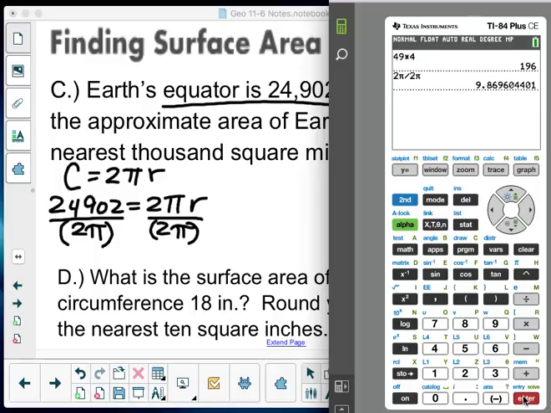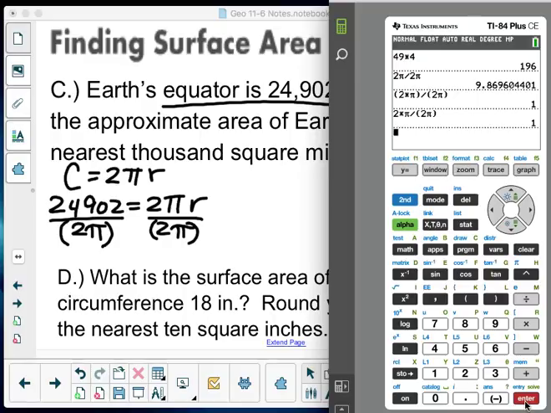So I've got to keep in mind that if I want to take 2 pi divided by 2 pi, I should do it that way, because if I go 2 times pi and divide by 2 pi, I get that value.